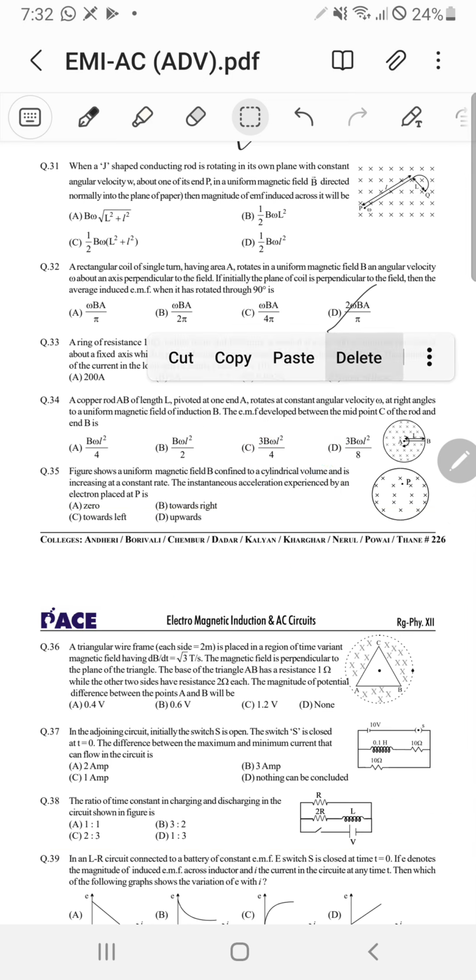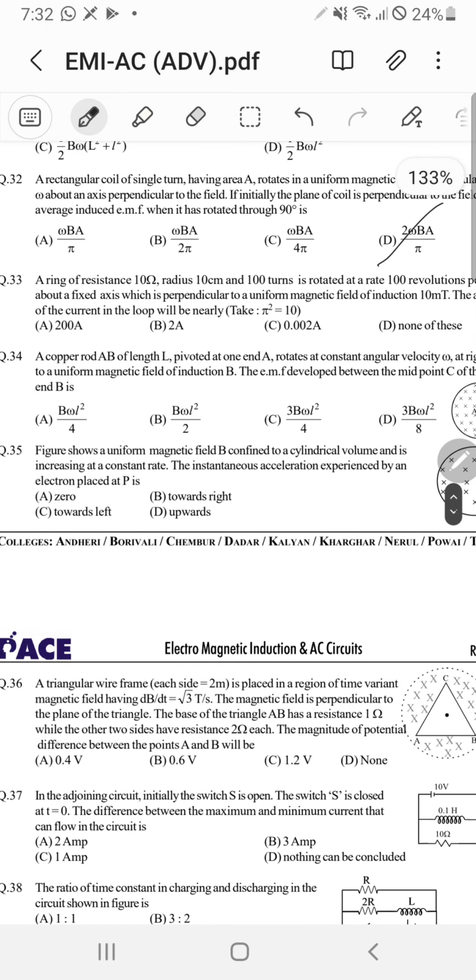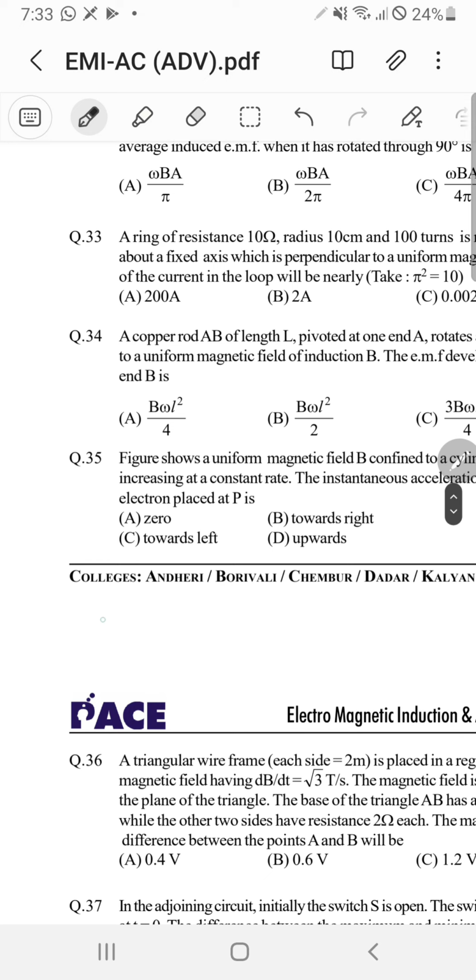Right. Next we have a ring of resistance 10 ohm, radius 10 centimeter. So just write that down.